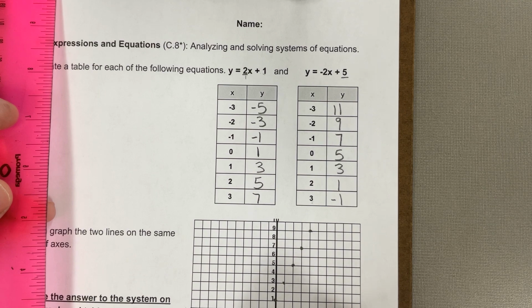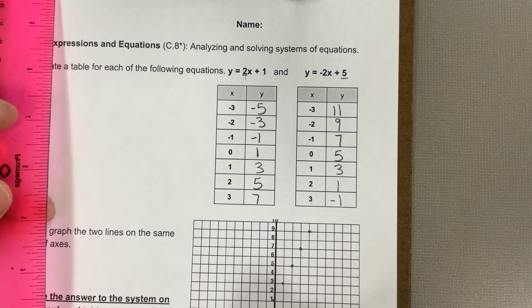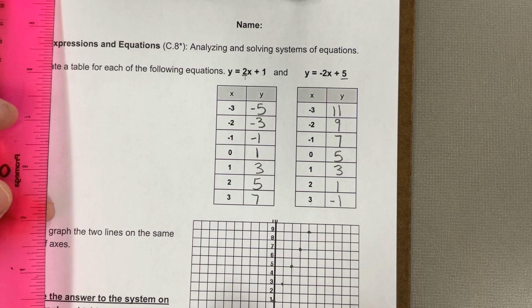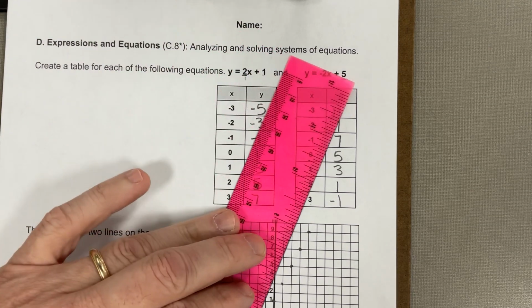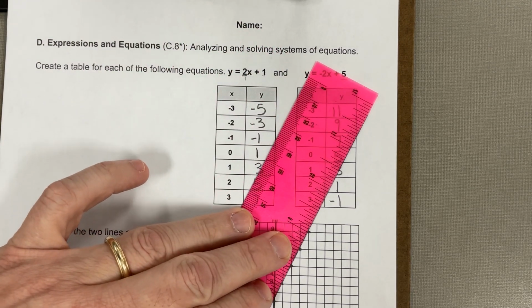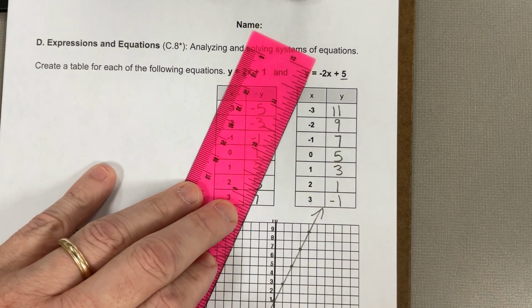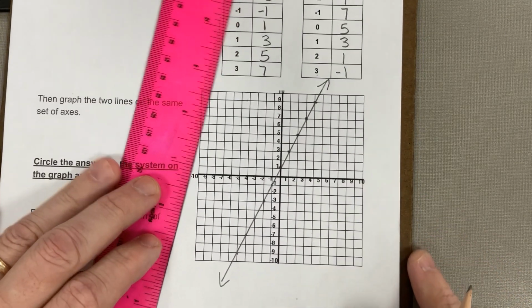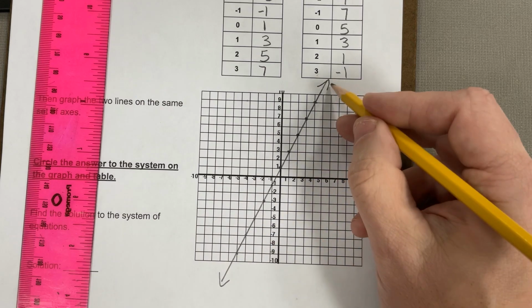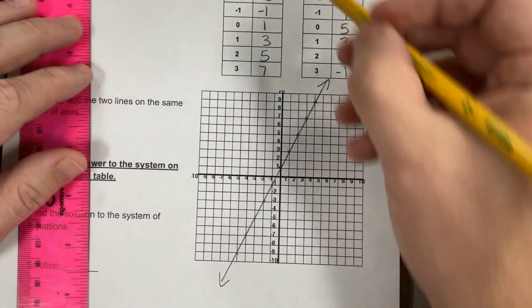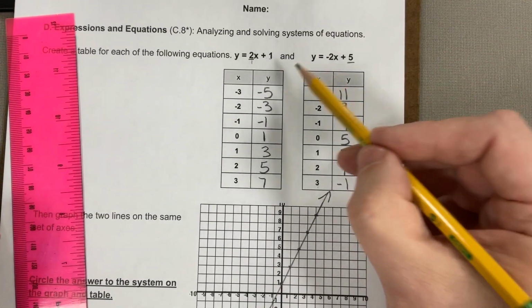So I'm going to go on the other side, and once you get the pattern, I'm going to put these in, that way my graph is going to be as accurate as possible. Extend my line for the entire graph. Sorry, you couldn't see part of that. So I'm going to extend my line for the entire graph. And that is this one right here.